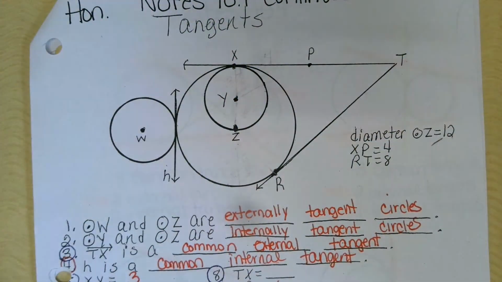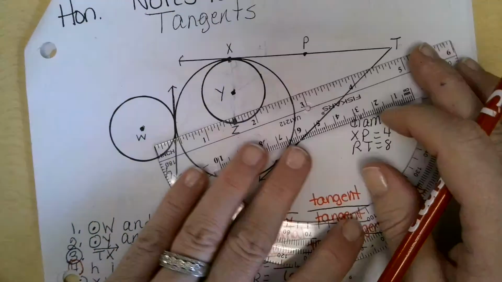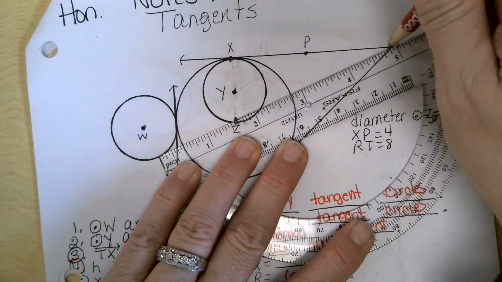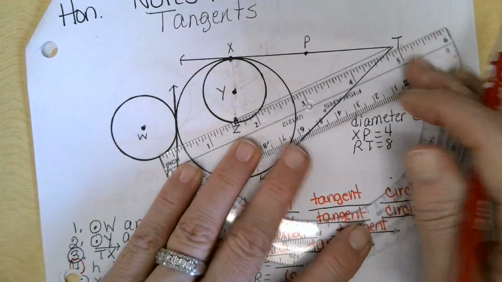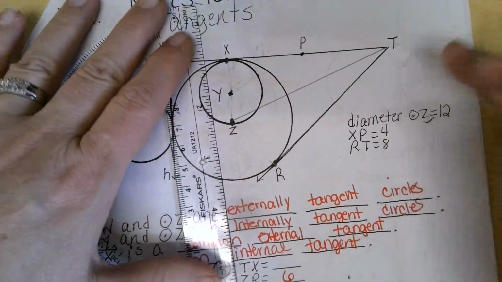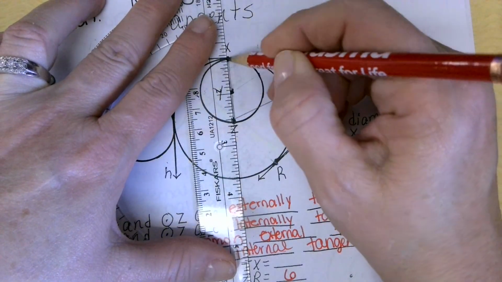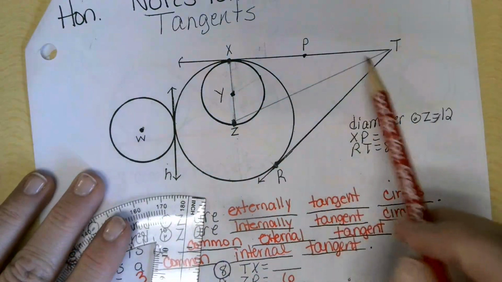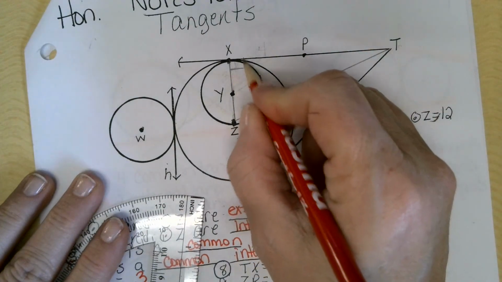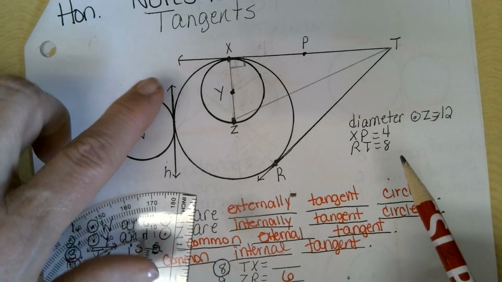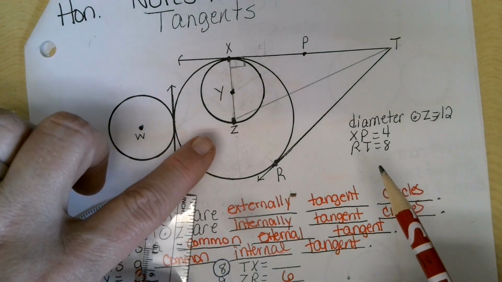Okay, the next question is, what is ZT? So I grab this. Okay, so now we are using this right triangle, and we are told, let's see, is that what we were doing?